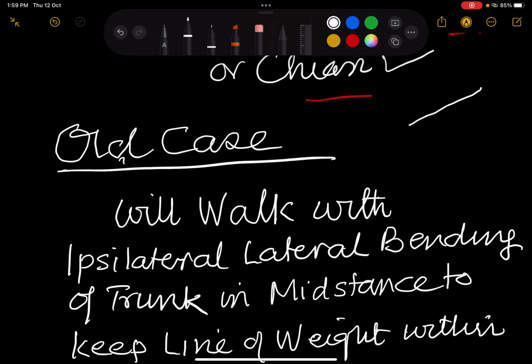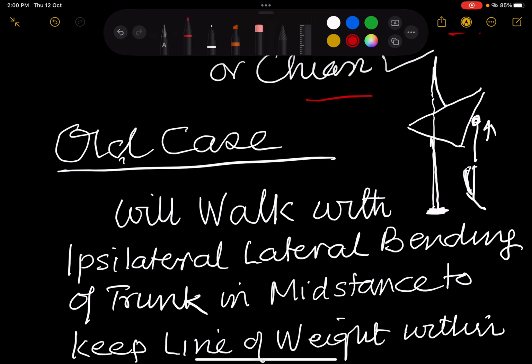If this is the pelvis, this acetabulum has been raised because this ankle has gone into plantar flexion because of the gastrocnemius. This is the limb which is weight bearing, and to keep the weight in the area of the weight bearing, the spine is tilted and the line of gravity is now passing within the weight bearing area of the foot.